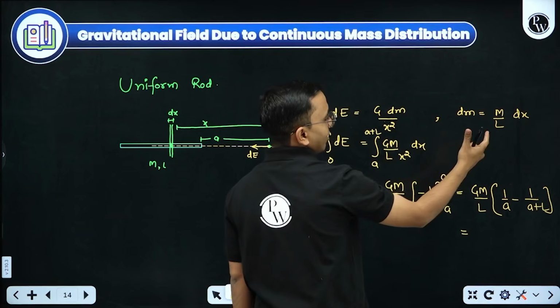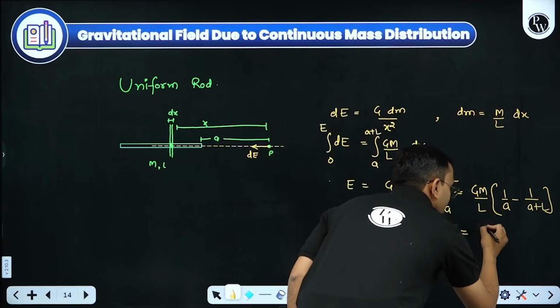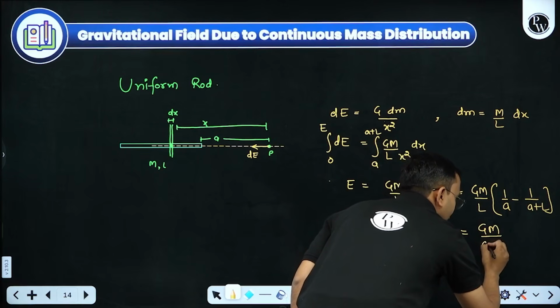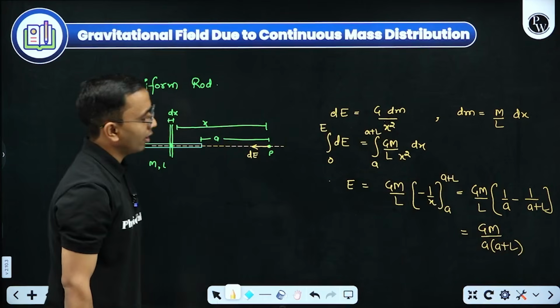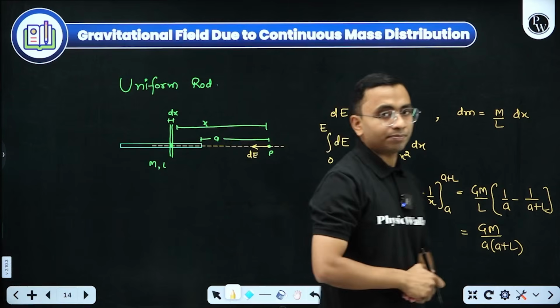A plus L minus A is just L, and that L will get cancelled with the outer L. So this will become G M divided by A into A plus L. This will be my total field at this particular point P.